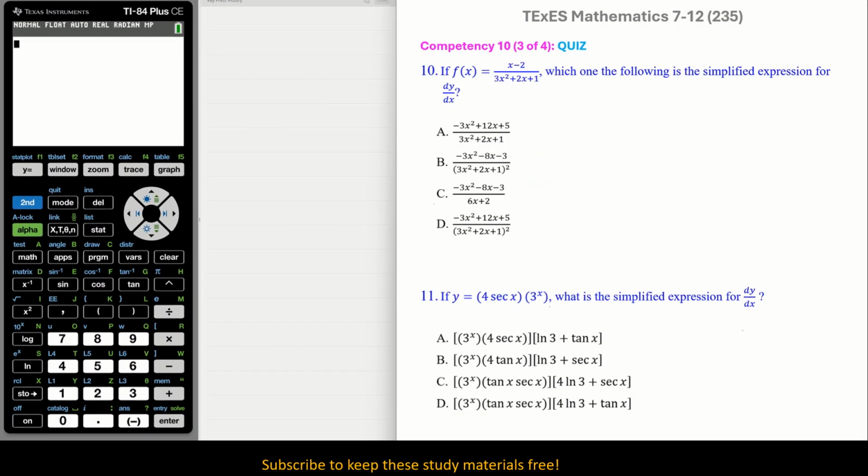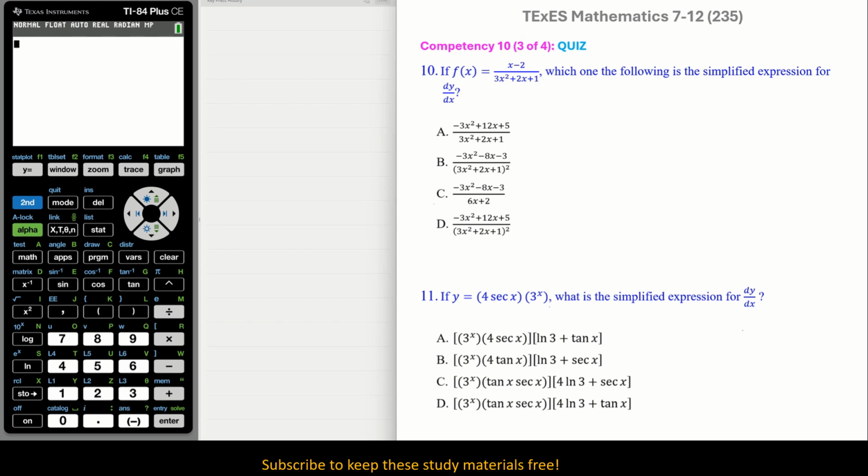Number 10: if f of x equals the rational function (x minus 2) over (3x squared plus 2x plus 1), which one of the following is the simplified expression for the first derivative? One of our basic properties is the quotient rule.